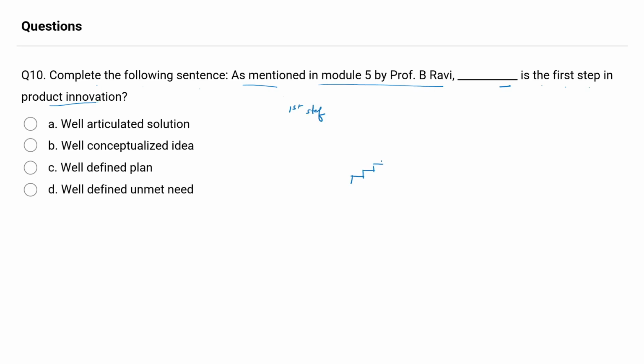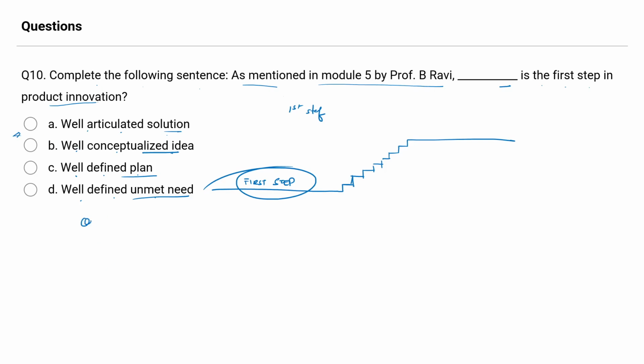So there are multiple steps, and we are talking about the first step. Is it well articulated solution, well conceptualized idea, well defined plan, or well defined unmet need? So again, it's a radio button question, which means only one correct answer.